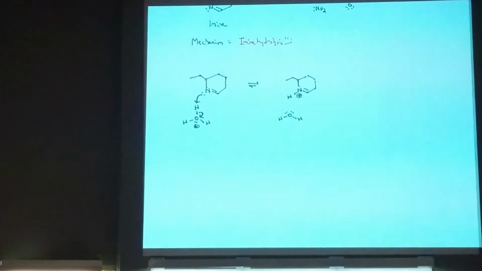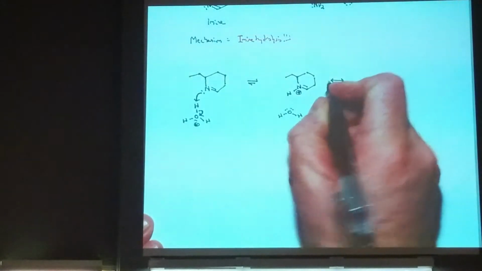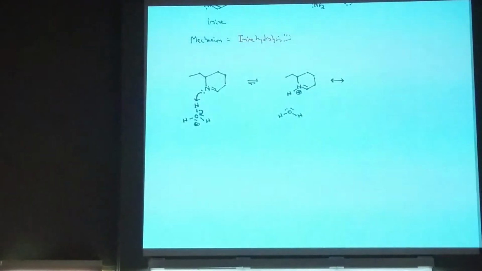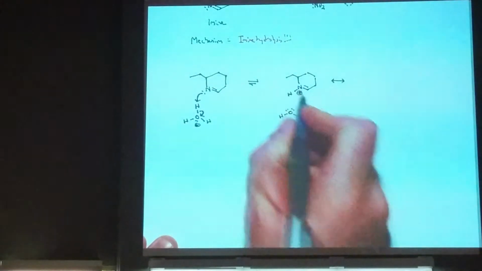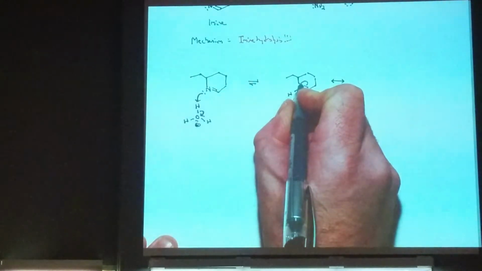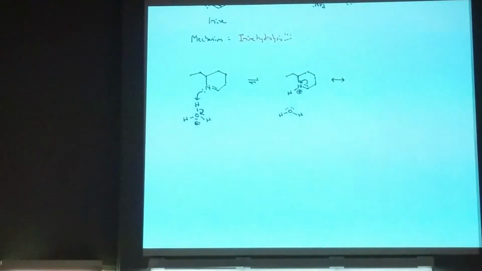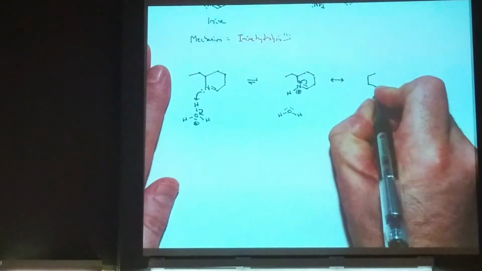Now, if this were the question where you're supposed to draw all of the important resonance structures, then you've got to be able to do that. So let me again just remind you, the pattern is when you have a positively charged atom that's directly involved in a pi bond, move the pi electrons onto that atom as a lone pair, and you end up getting another resonance structure.